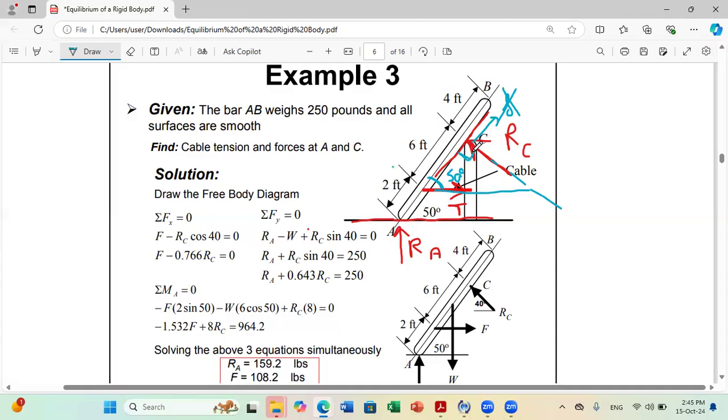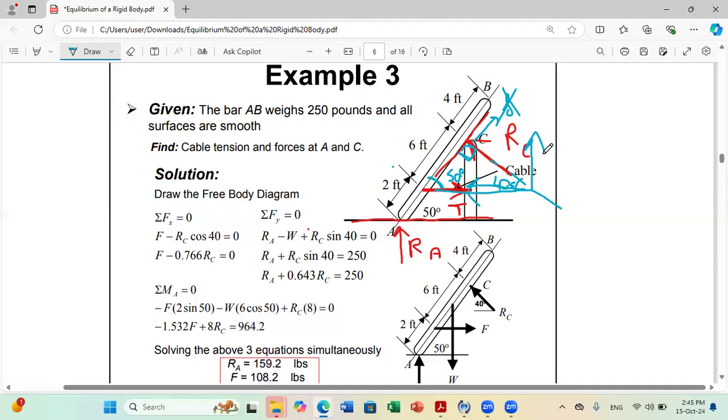Here it's perpendicular, so the angle between RC and the horizontal is 40 degrees. So now you can project RC along X and Y. To project in X, it's a negative X direction, so it's minus RC cosine 40. And to project on Y, you do plus RC sine 40.